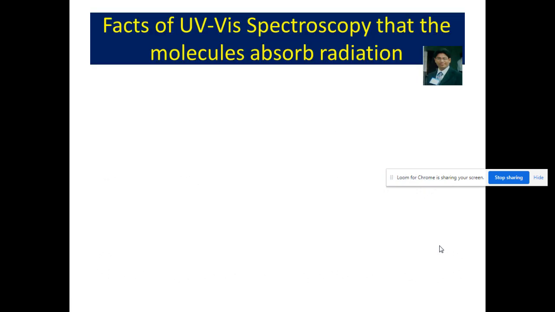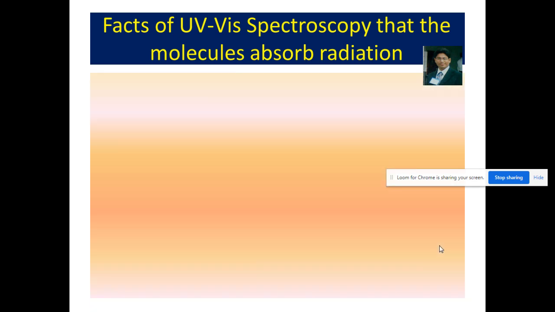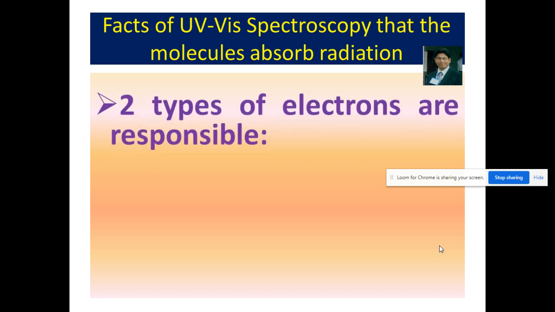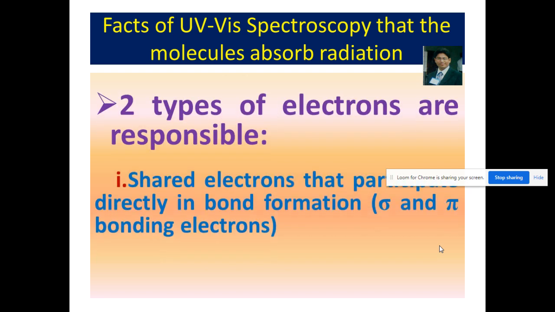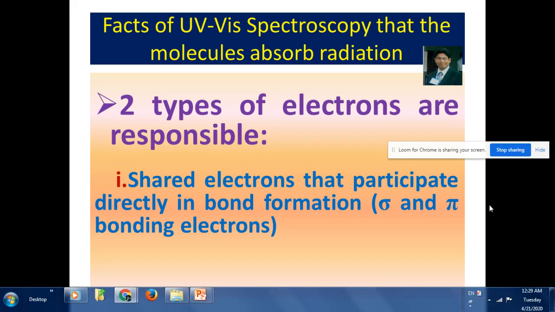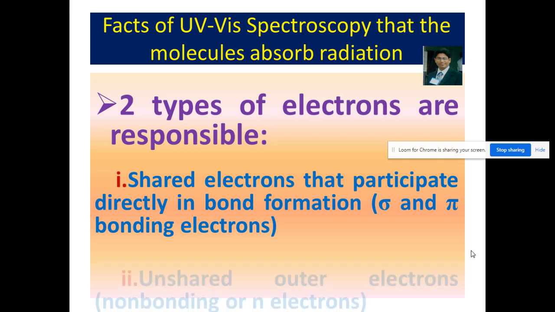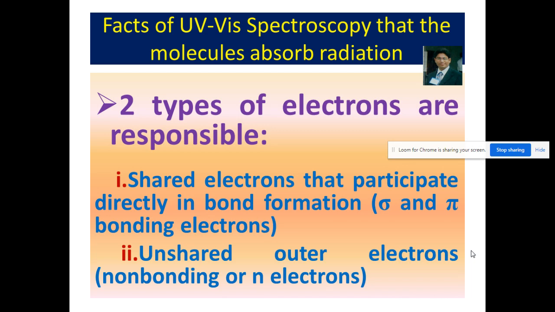The important fact for UV visible spectroscopy is that the molecules absorb the radiation. Two types of electrons are responsible. First of all, shared electrons that participate directly in bond formation, that is sigma and pi bonding electrons, and unshared outer electrons, non-bonding or n electrons.